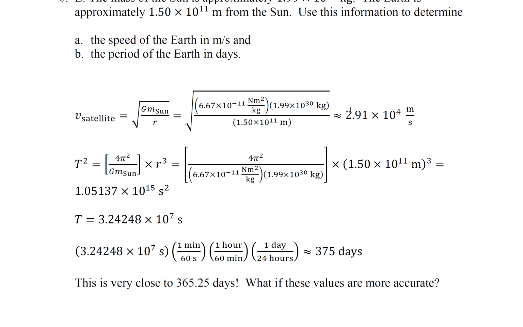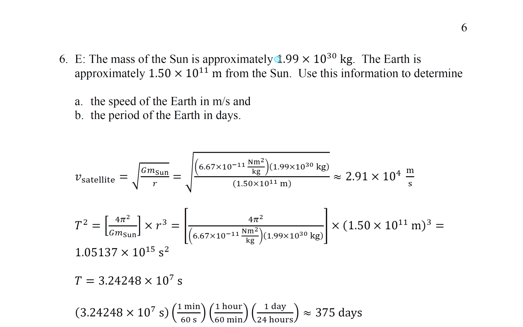So seconds in the numerator cancels with seconds in the denominator. Same with minutes and hours. So we get about 375 days. This is close to 365.25 days. So what if these values are more accurate? The value of the mass of the sun, the value of the distance of the Earth from the sun.